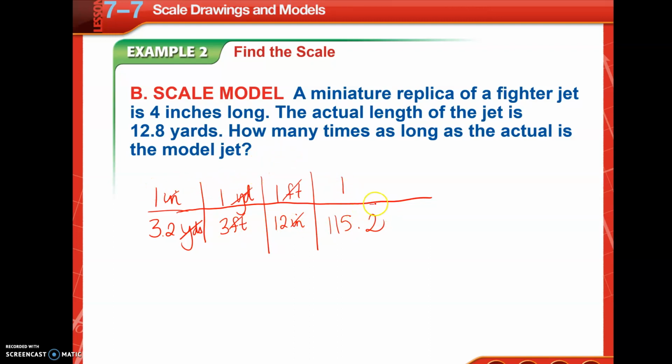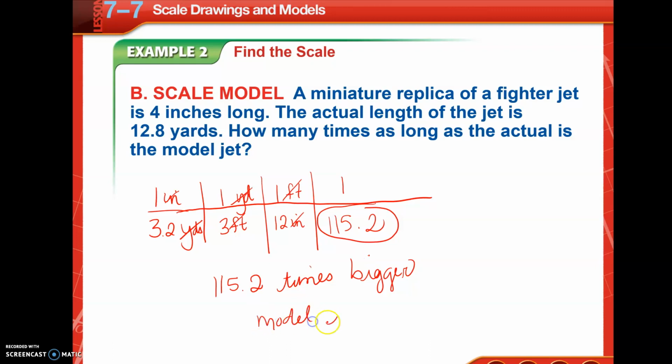So this is how many times bigger. So it's 115.2 times bigger, the actual is to the model. So the model is 1 over 115.2 times as small or smaller.